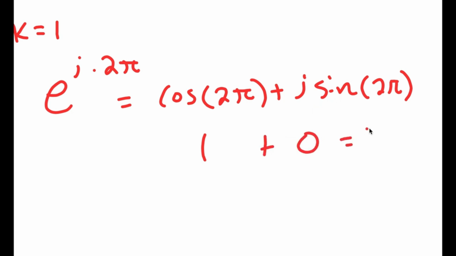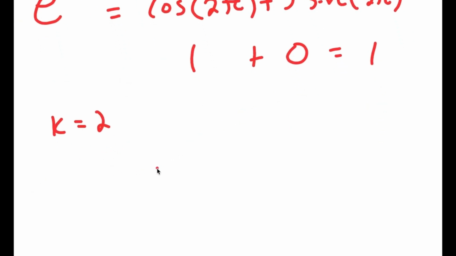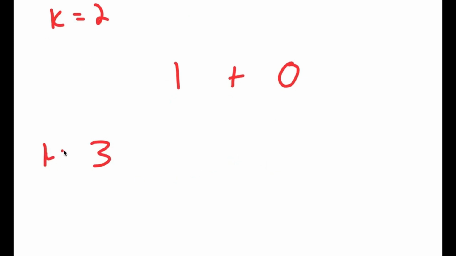So I get this is equal to 1. Now, if k is equal to 2, I would get cos of 4 pi plus I of sine 4 pi. Cos of 4 pi is 1, and I times sine of 4 pi is again 0. And if I do the same thing with 3, I would again get 1 plus 0.